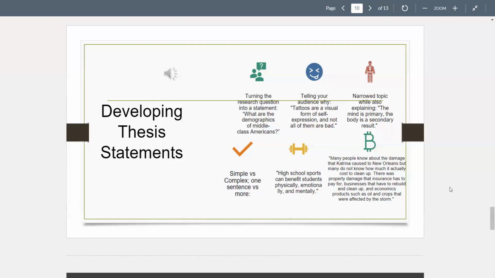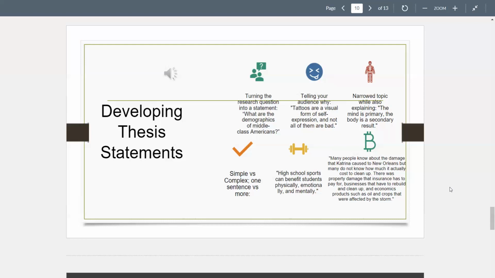From the second sentence, I learn what areas I am going to be learning about in cost. So there was property damage that insurance has to pay for. I know that's a cost that will be discussed in paragraph 1. Businesses that have to rebuild and clean up, so that's a cost that will be discussed in paragraph 2, and economic products such as oil and crops that were affected by the storm, body paragraph 3.